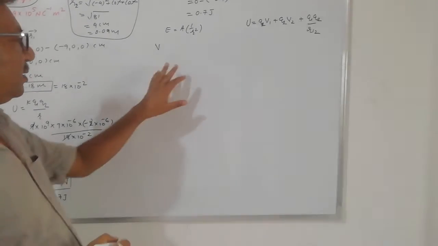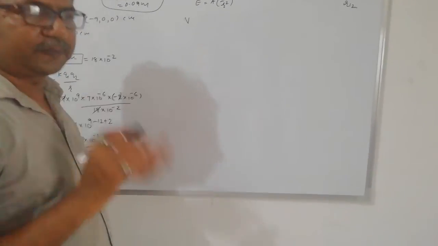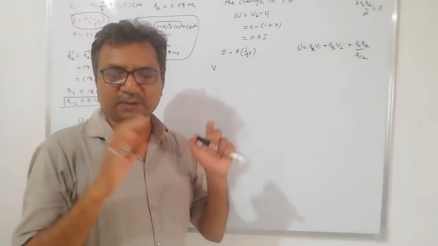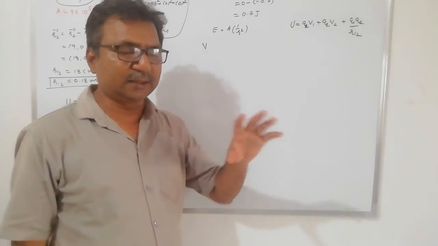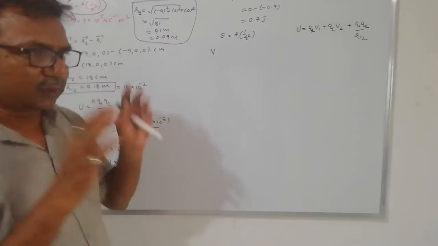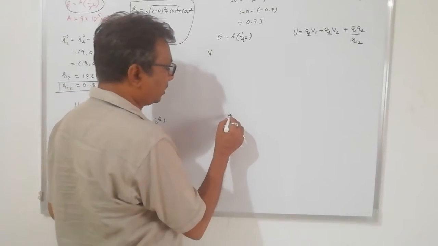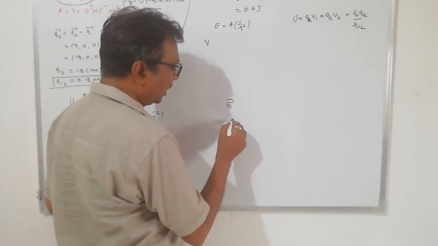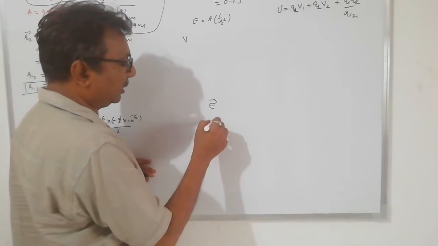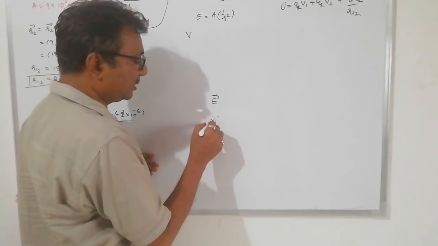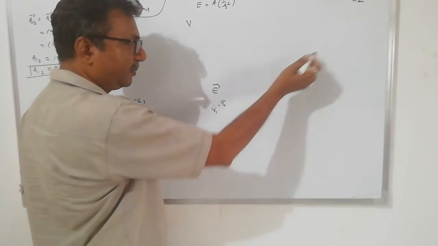The theory is already taught to you that if any electric field is present in the space and two charges are taken to different points, then to find the total potential energy, suppose electric field is here at this point, V1 potential is already there, and you are taking Q1 charge to this point from infinite distance.